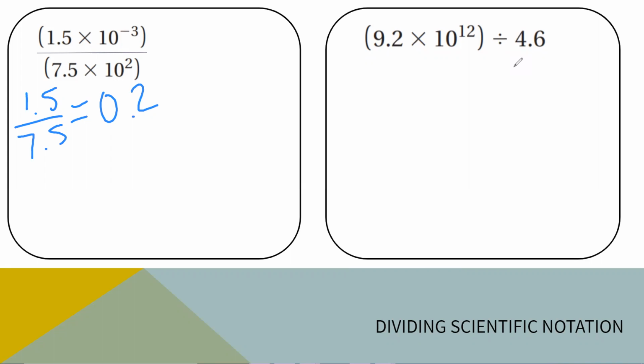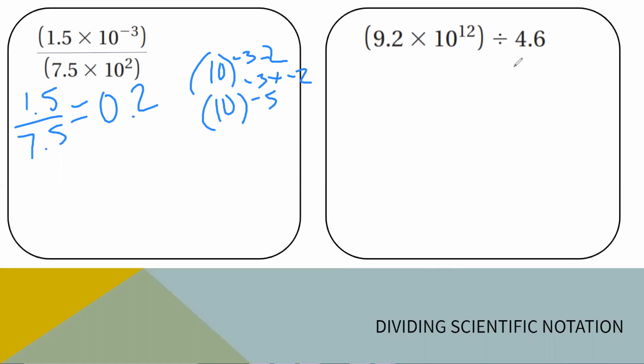And then over on the other side, I have 10 to the negative third minus 2, because I'm going to be using that quotient rule. That's going to simplify. I'm going to keep change opposite, so I'm actually looking at negative 3 plus negative 2, which is going to give me negative 5.